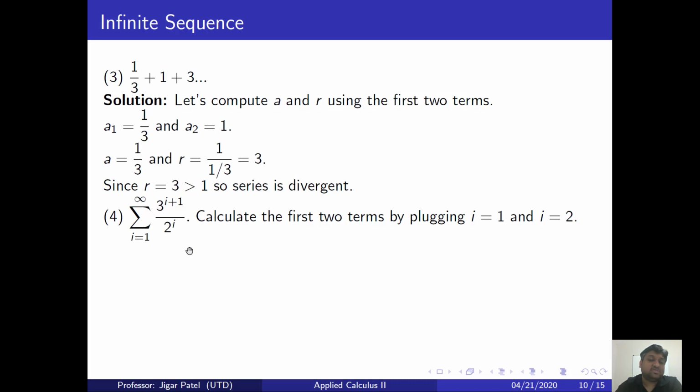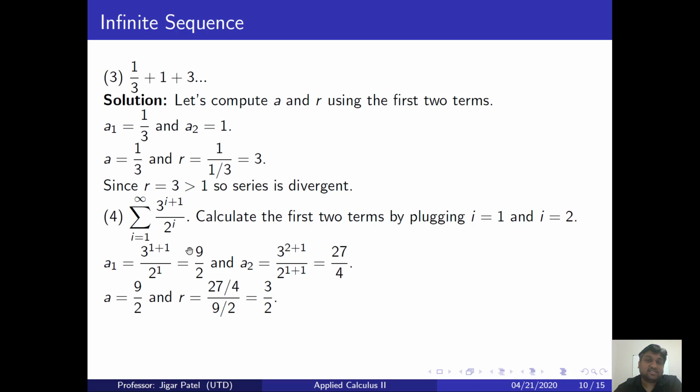Plugging i equal to 1 gives me 3 to the power 1 plus 1 over 2 to the 1, which is 3 squared over 2, so it's 9 over 2. Plugging i equal to 2 gives me 3 to the 2 plus 1 over 2 to the 2, which is going to be 27 over 4.